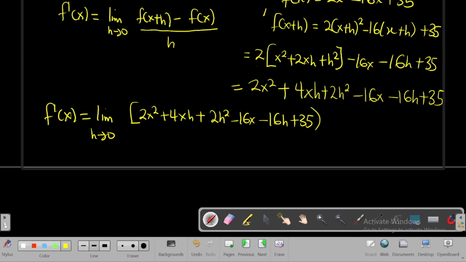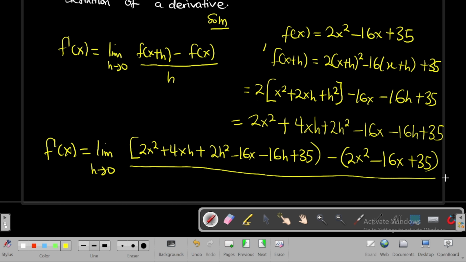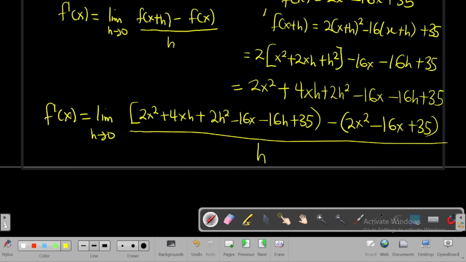Then minus our f of x. Our question told us that f of x is 2x squared minus 16x plus 35. This expression is divided by h. Okay, so simple algebra.